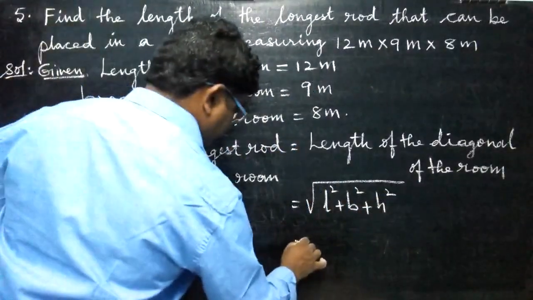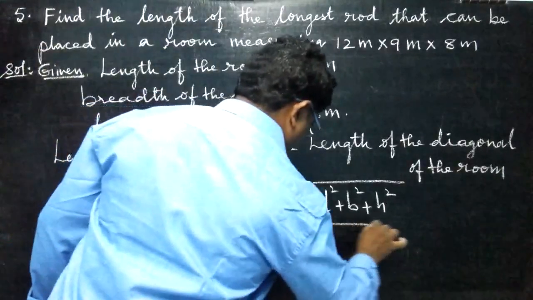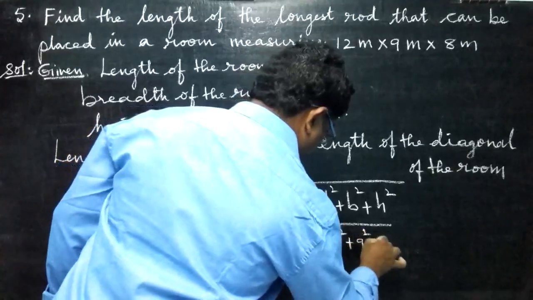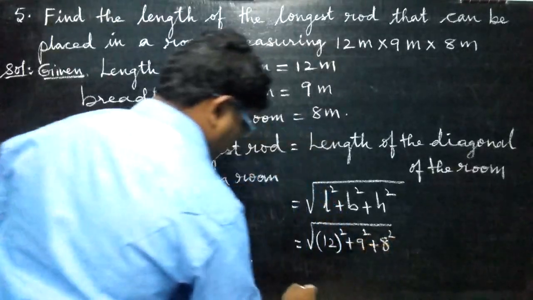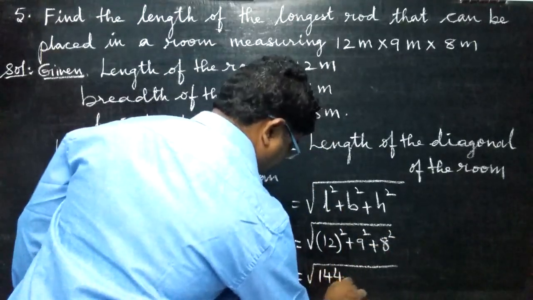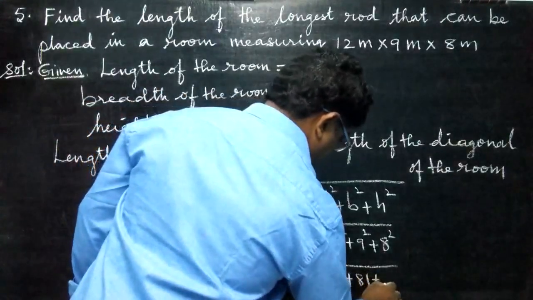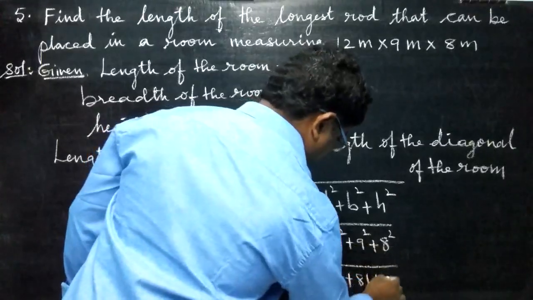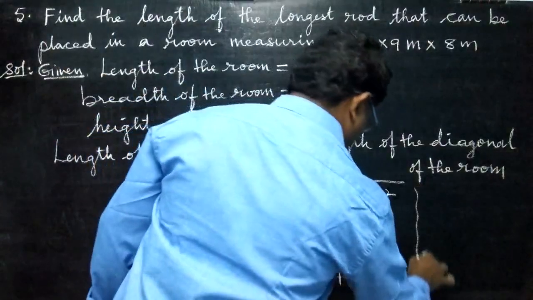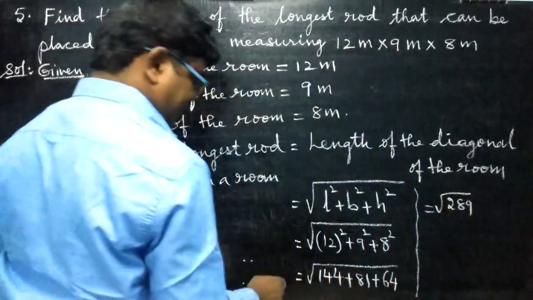So that is equal to square root of 12 square plus 9 square plus 8 square. 12 12s are 144. 9 9s are 81. 8 8s are 64. Add. If you add, square root of 289. Add carefully.